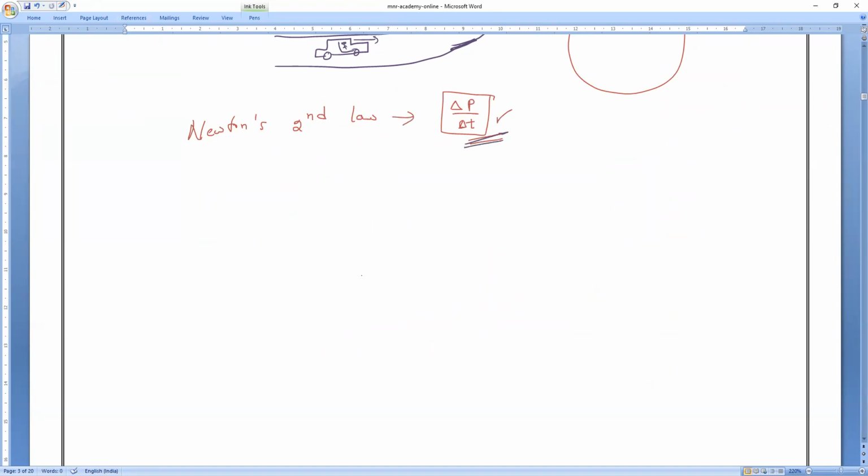Now observe very carefully. Basically, Newton's second law depends on the observer. Are you clear, everyone? When I'm teaching pulley sums, the observer is standing on the ground. There is a pulley, and the mass is going up and coming down, while the observer is observing from the ground.